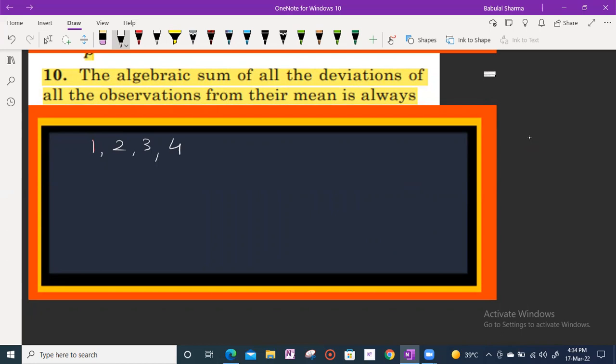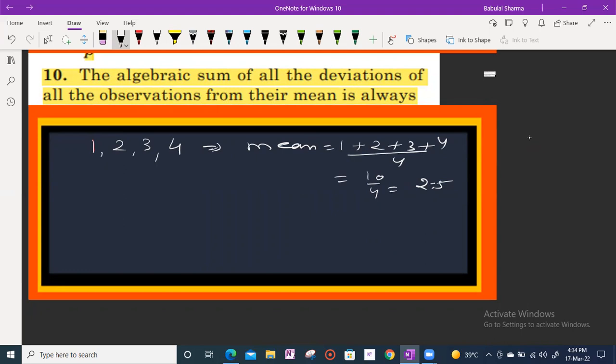These are the observations. Their mean will be given by 1 plus 2 plus 3 plus 4 by 4. That is 1 plus 3 is 3, 6 plus 4, 10 by 4. That is 2.5. इन 4 नंबर्स का जो मीन है वो 2.5 है.